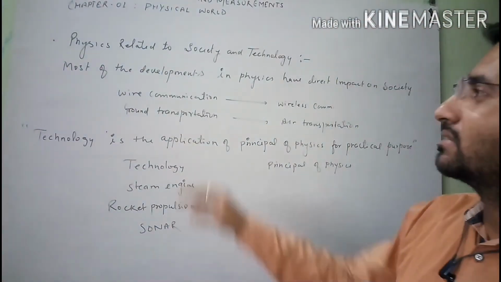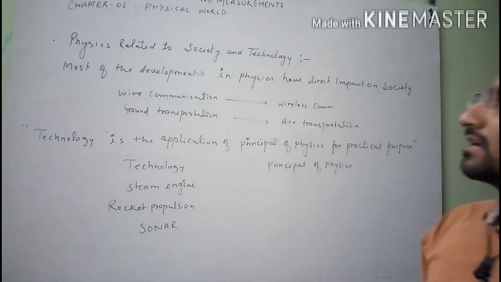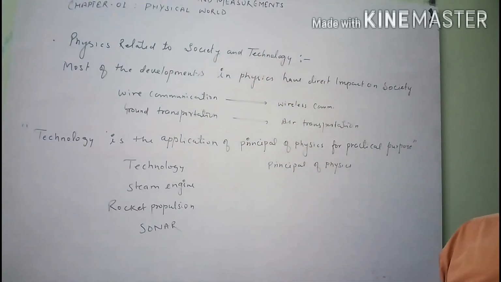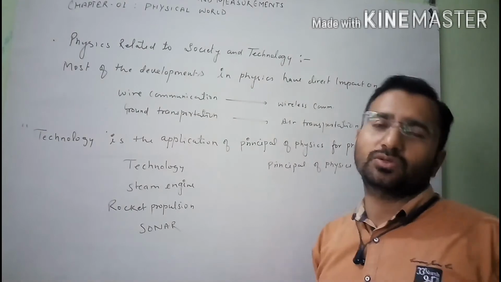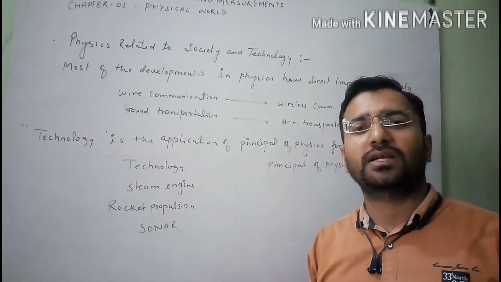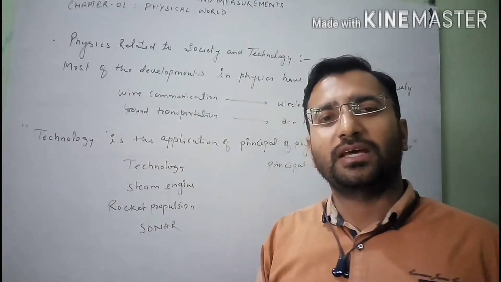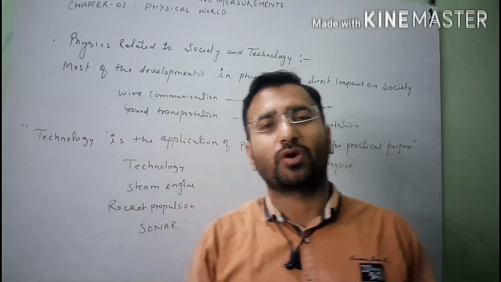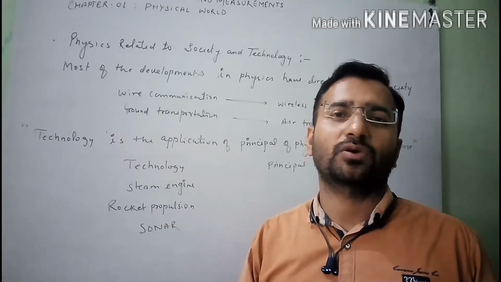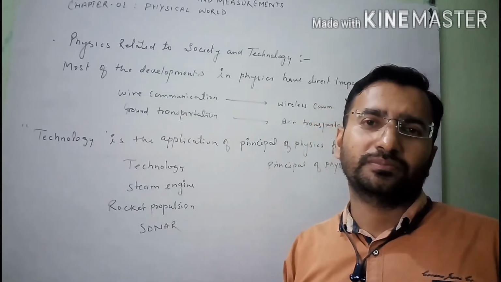Next we will discuss the physics related to society and technology. As you know, in society, day by day we want more and more advanced technology to do our work.